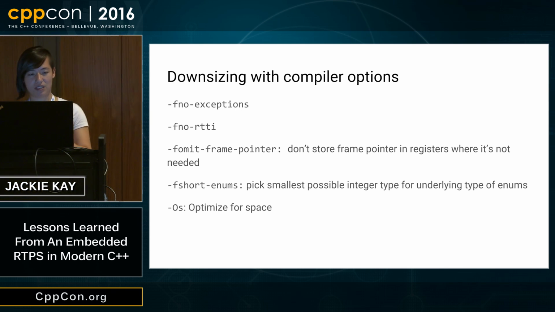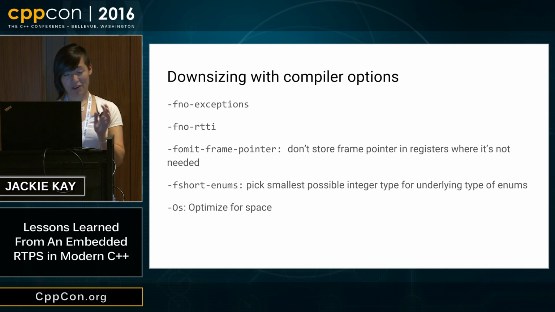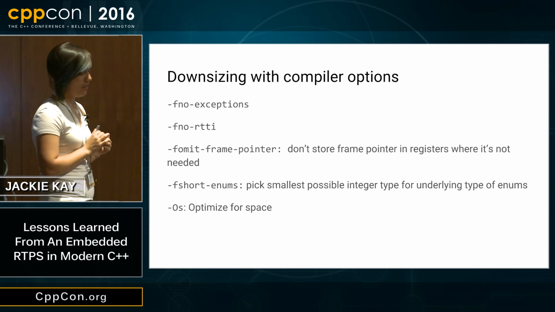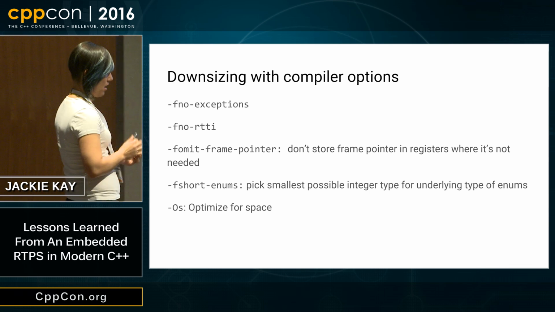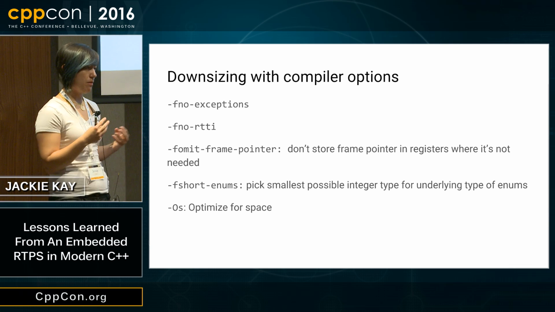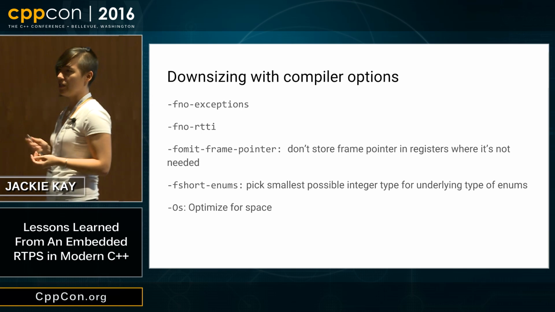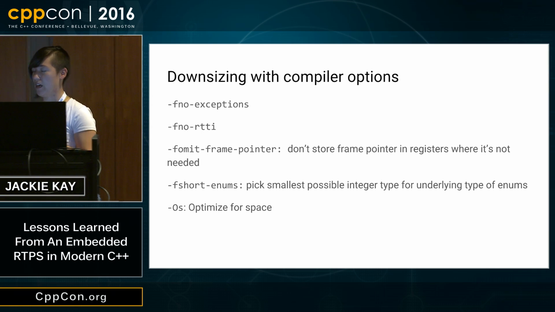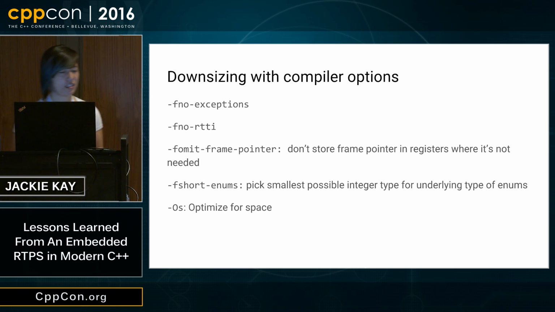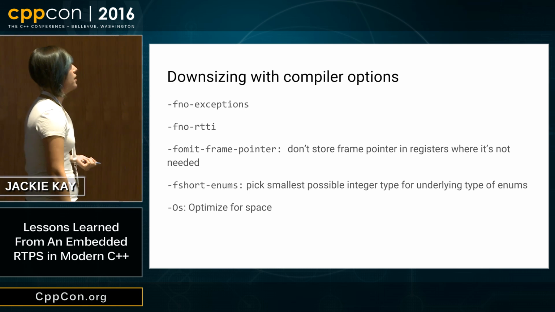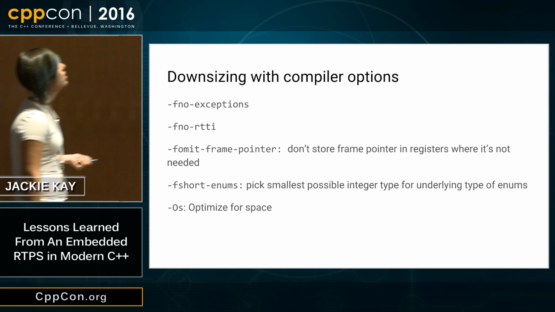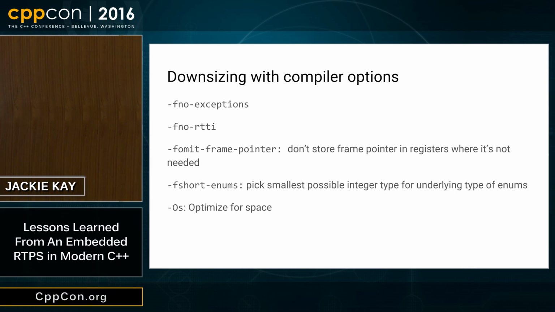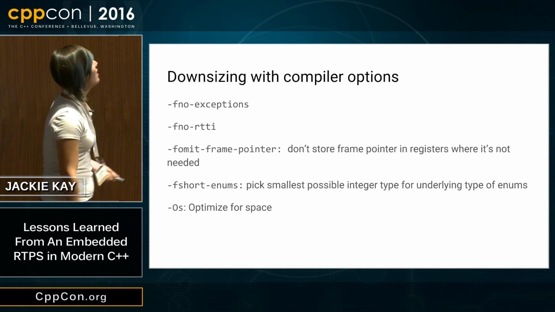Then there's maybe one that I had no idea about until I started putting together these slides, which is short enums, which, for enums where you don't specify the underlying type, chooses the smallest underlying integer type for enum storage. And then there's this kind of catch-all compiler flag you can pass. I think these will work with both GCC and Clang. Yeah, I only use one of those.